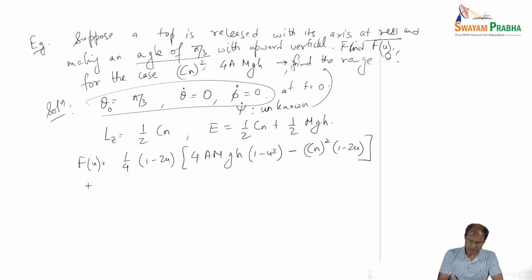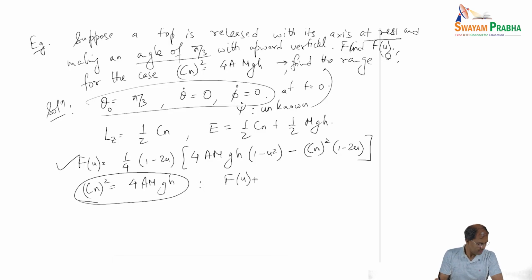So we have that Cn square is 4amgh. For this condition, we find that f of u comes out to be 4amgh times 1 minus 2u times 2 minus u times u.